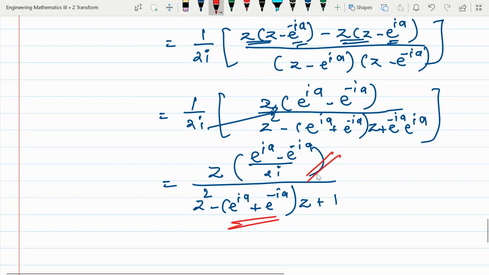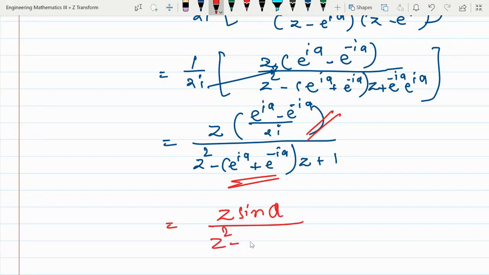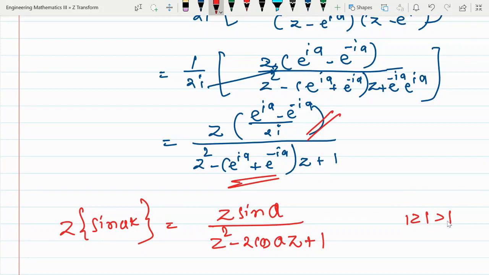Here theta is simply a, therefore it is z into sine of a divided by z square minus 2 cos of a into z plus 1. This is the z transform of sine of ak, and the condition is also mod z is greater than 1.